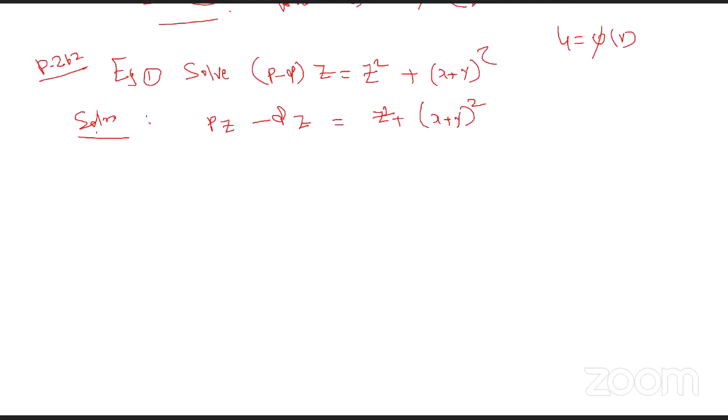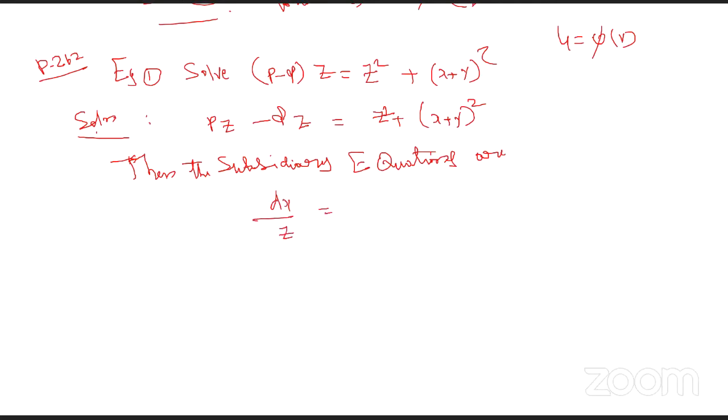Then the subsidiary equations are dx by z equal to dy by minus z equal to dz by z square plus (x plus y) whole square.